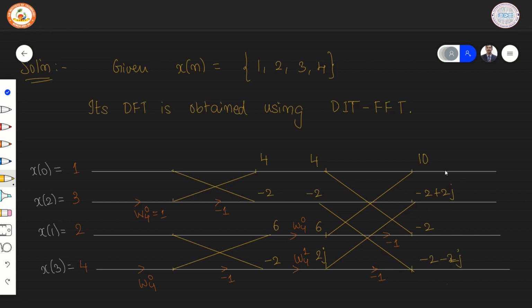So these are the results that we get from the first FFT structure. Now to get the answers, the values here are corresponding to x of 0, x of 1, x of 2 and x of 3 in sequence.